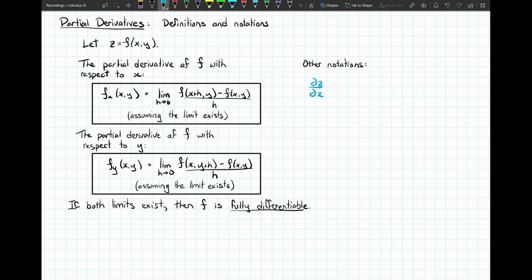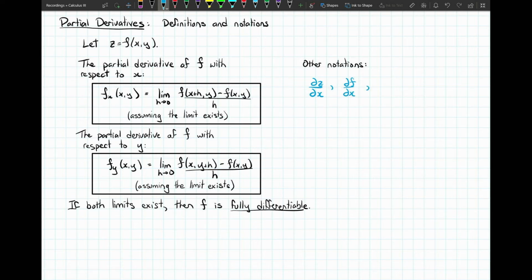And you notice that I'm not using a typical d here. I'm using a little scripted d. We tend to say that this is del z del x rather than dz dx. And you may also just pronounce this as partial z with respect to x, depending on how you want to verbally say this notation. Similarly, we could say the partial derivative of f with respect to x, or del f del x.